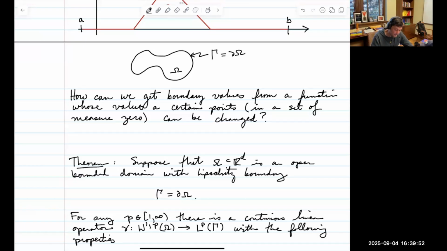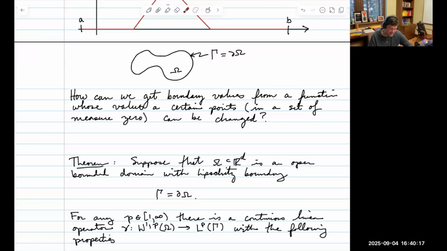So the boundary always has what's called codimension 1. That means it's one dimension smaller in essence than the set that it bounds. So the boundary is essentially a one-dimensional set, whereas omega is a two-dimensional set. Okay, does everyone get the distinction there?